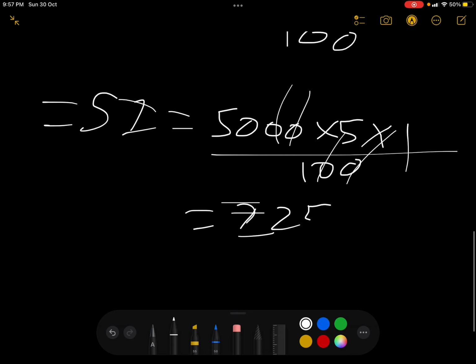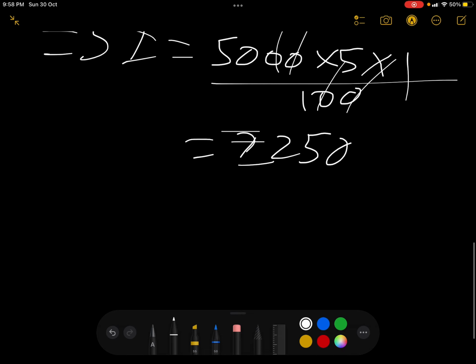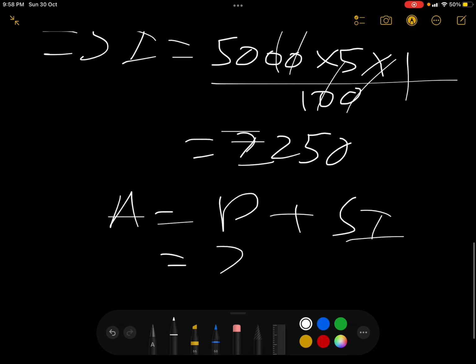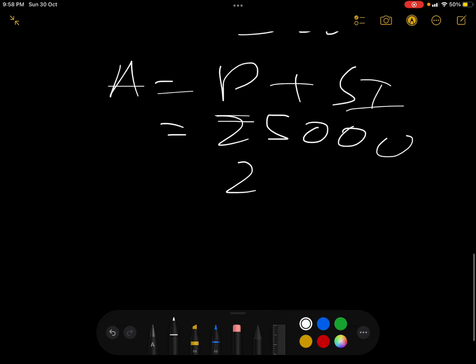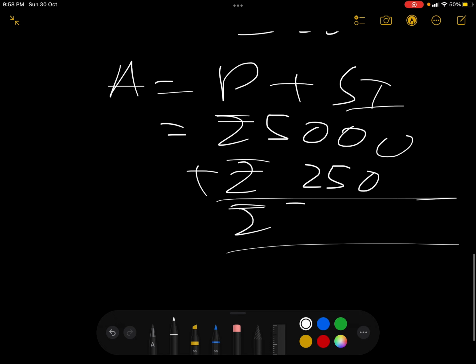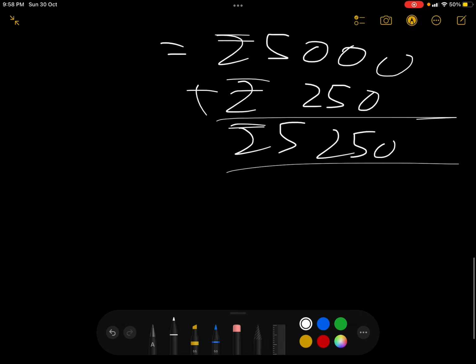Rupees 250 it becomes. Now that we know it is rupees 250, we will calculate the amount, which is the money to be returned back here. So this will be rupees 5,000 plus rupees 250, making it rupees 5,250. Now here's the thing.